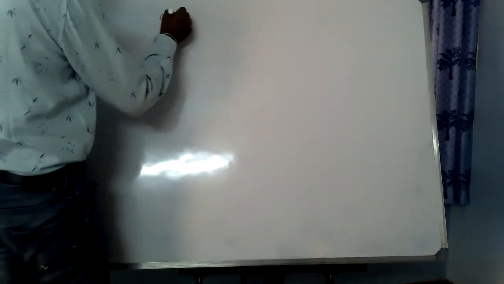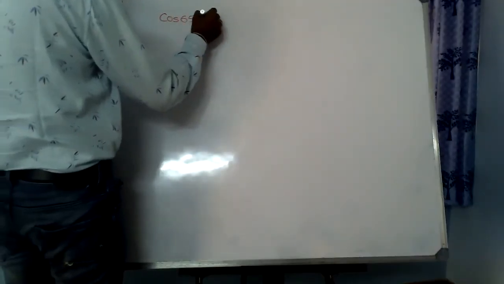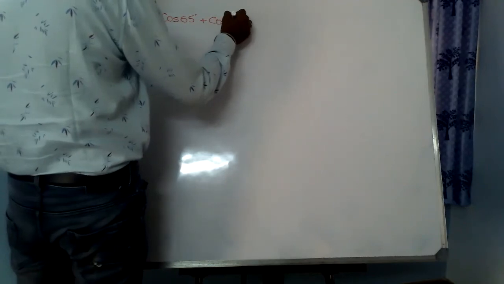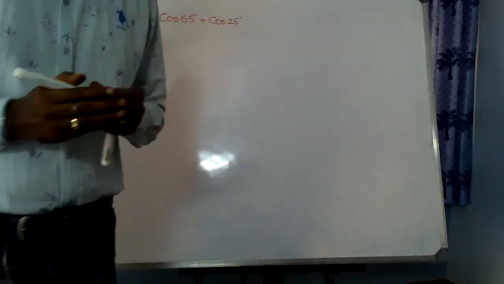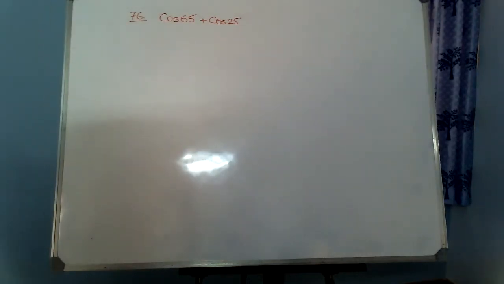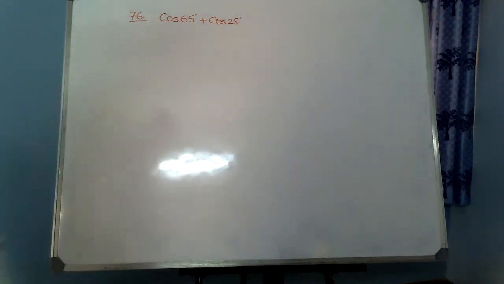Question number 76. What is it? It says cos 65 plus cos 25. What formulas shall we use here? This is question number 76, right? Cos 65 plus cos 25. Okay, so it's pretty easy.